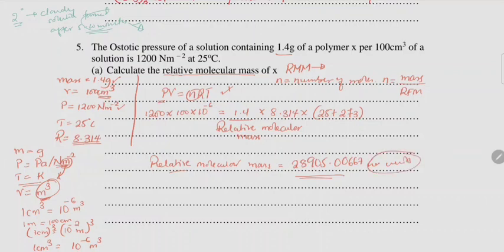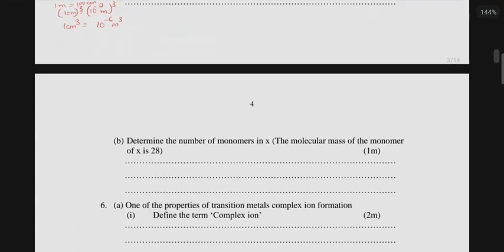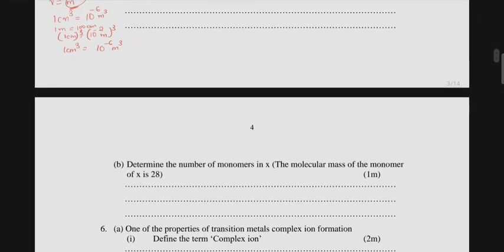And the mass is really big because it's a polymer. Polymers are a collection of monomers, so obviously the mass will be big. Determine the number of monomers in X. The molecular mass of monomer of X is 28. So number of monomers will equal the relative molecular mass of polymer, 28,905.00667 divided by 28.